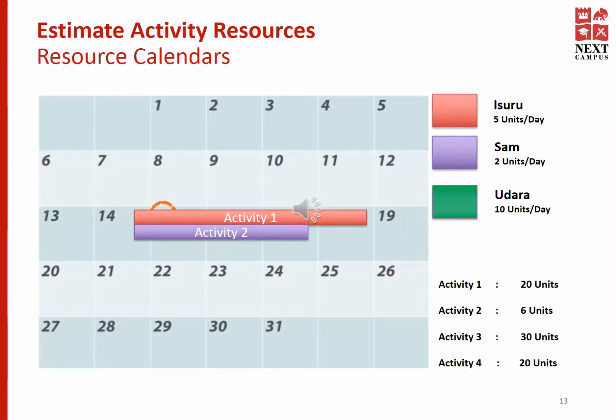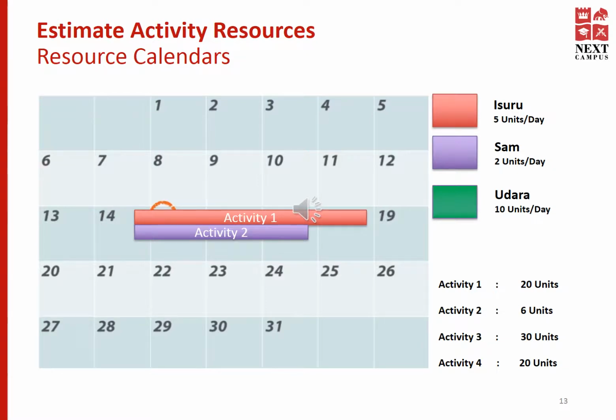Let's dive in. In this example, we have two activities, namely activity 1 and activity 2. We may assign two resources to work on these two activities. Let me say Isuru is working on activity 1, whereas Sam works on activity 2. If you look at Isuru's and Sam's daily capacity, Isuru works 5 units per day, whereas Sam can only work 2 units per day.